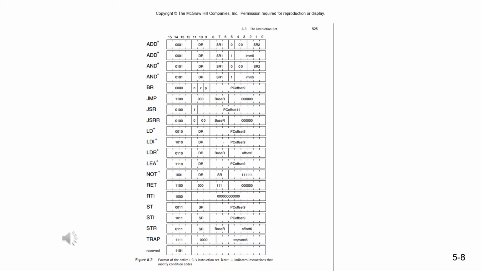All of those instructions, if you look at the syntax, have a DR, a destination register. That means they store a value to a register. The sign of that value, negative, 0, or positive, sets the N, Z, or P condition code.